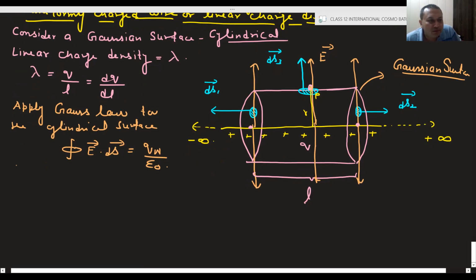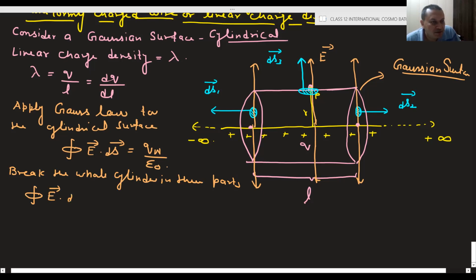So let us break the whole cylinder in three parts. First surface is A, so I may write it E dot ds1. This cylinder is made up of three surfaces.